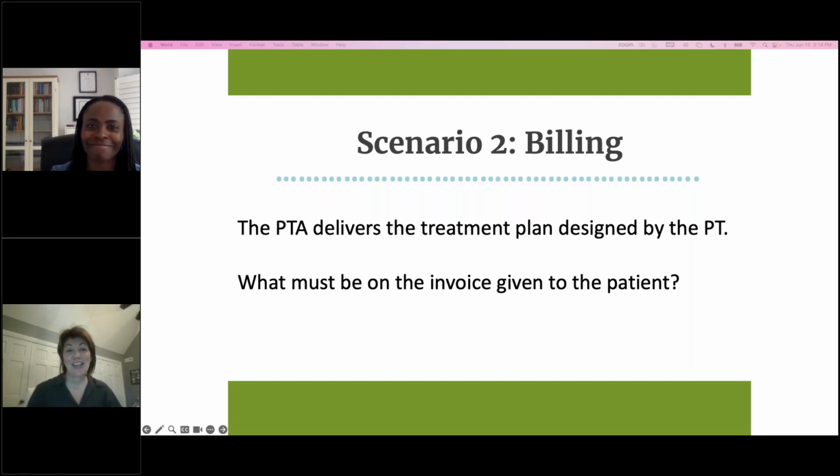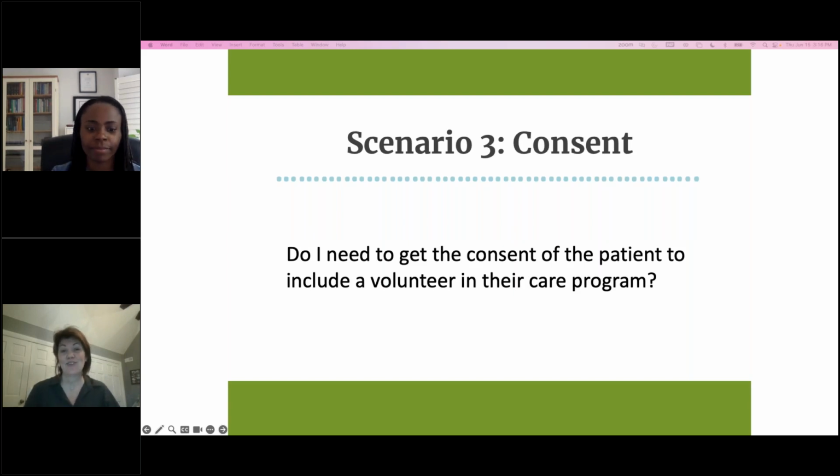Okay, back to you. Do I need to get the patient's consent to involve a volunteer in the patient's care program? So certainly, you definitely have to be having that conversation with the patient. As we talked about previously, this is really important. It's a must to get consent from patients, especially when we're involving any third party into their care, such as PTAs, students, or volunteers.